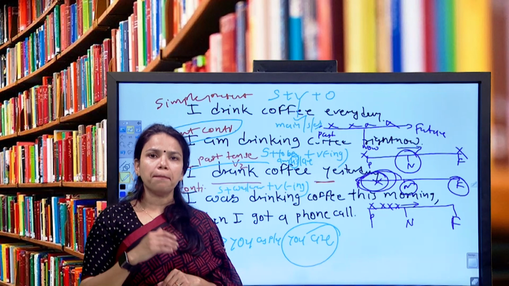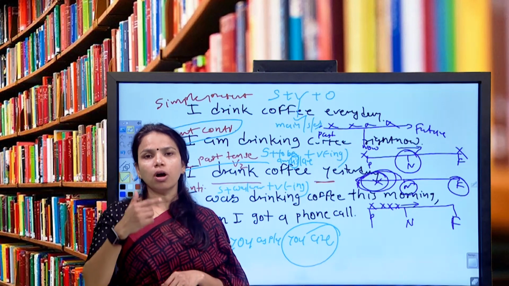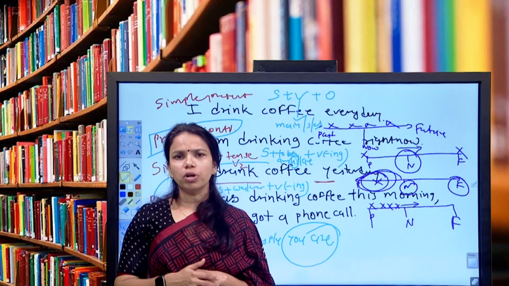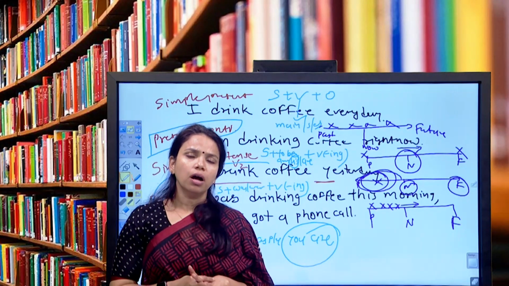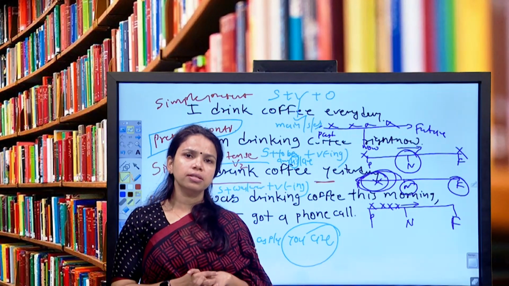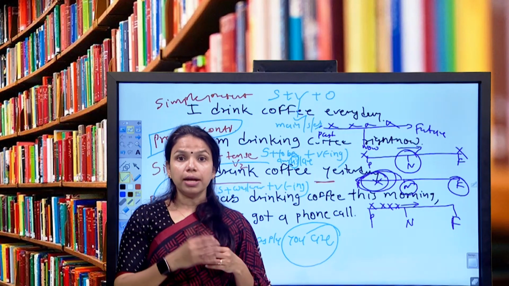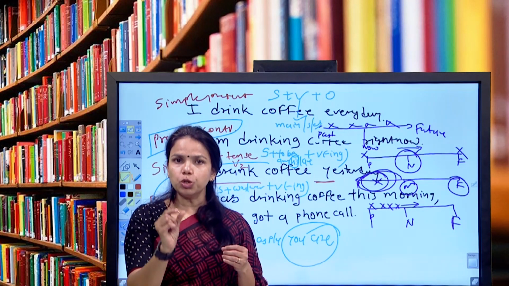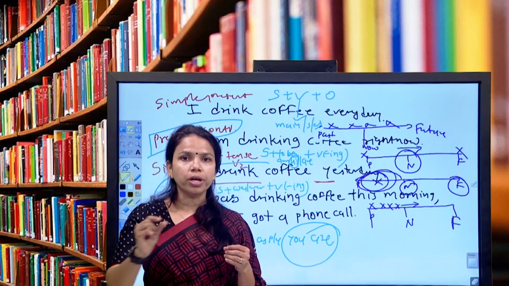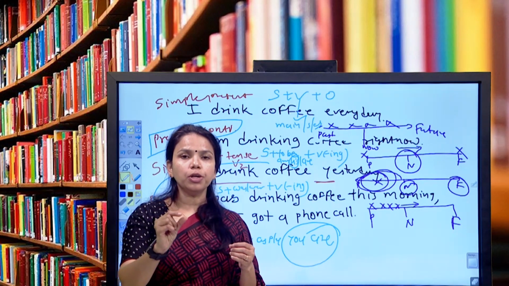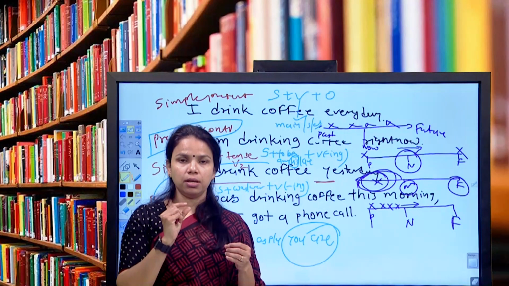The same way present continuous tense or past continuous tense. What is the main difference? In present continuous tense, whenever you are talking about at that time, that situation is going on. Currently you are watching me.